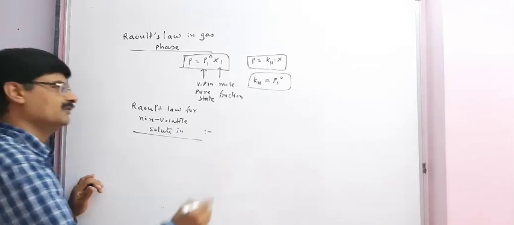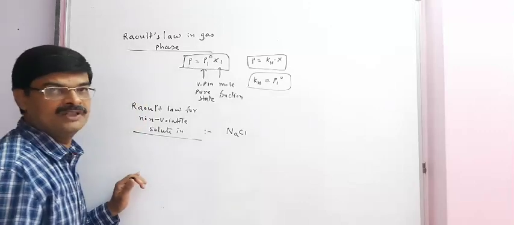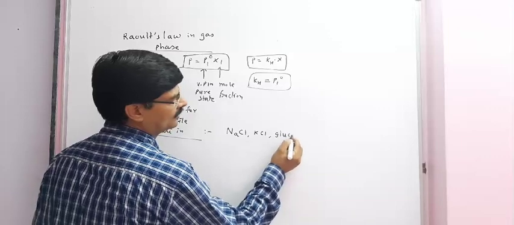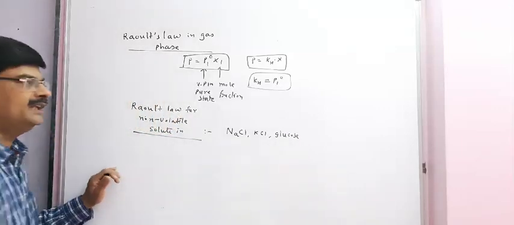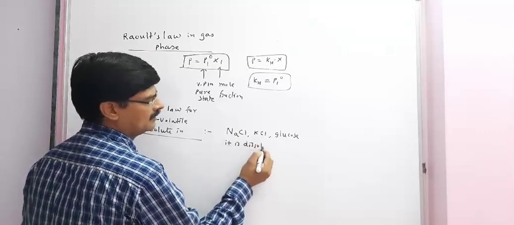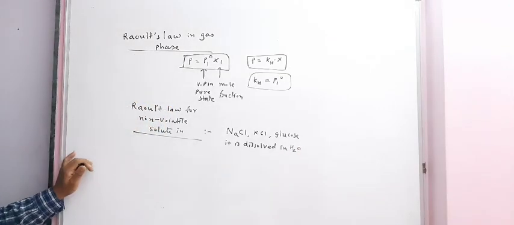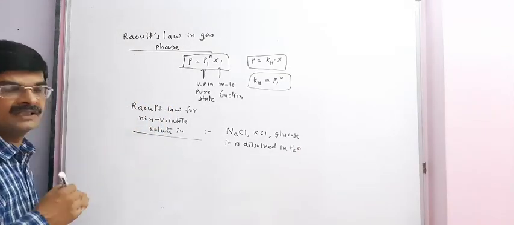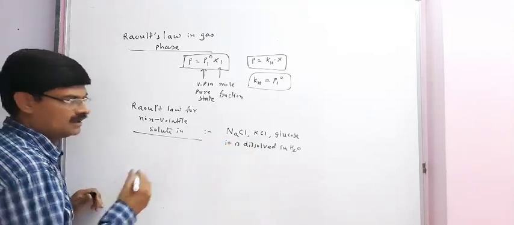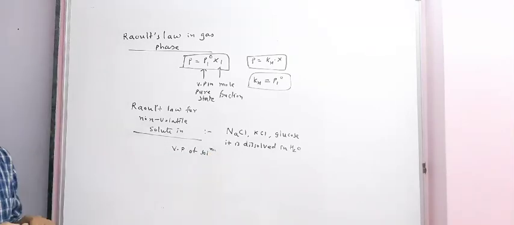For this, we have to understand, if we have compound like sodium chloride or say KCl or say glucose or urea, any of this compound, when it is dissolved in water, vapor pressure of solution decreases.